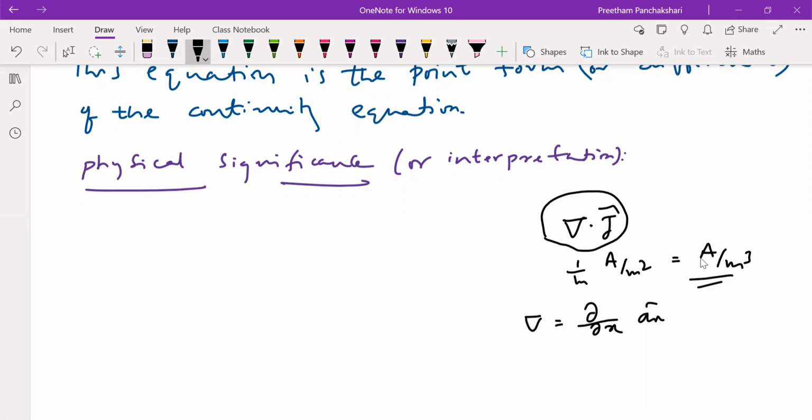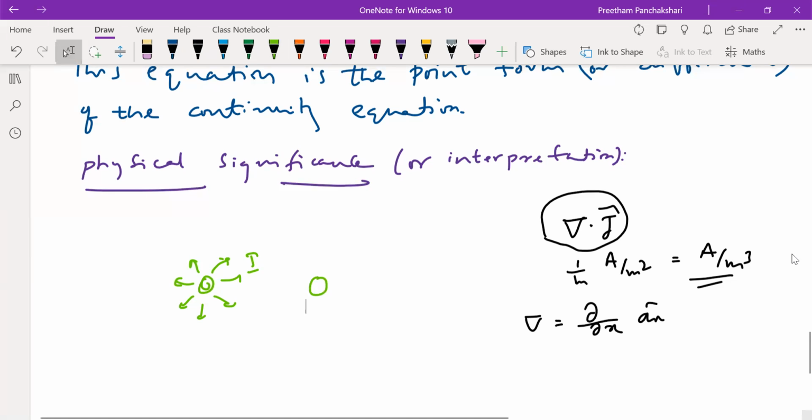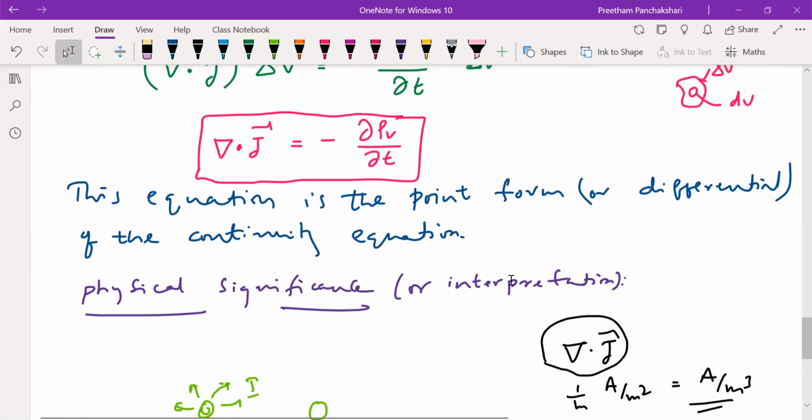So the physical significance of the left-hand side of the continuity equation is the current diverging from a point. That means if you have a point here, the current going out, diverging, the opposite of converging, is equal to, see what happens on the right hand side.